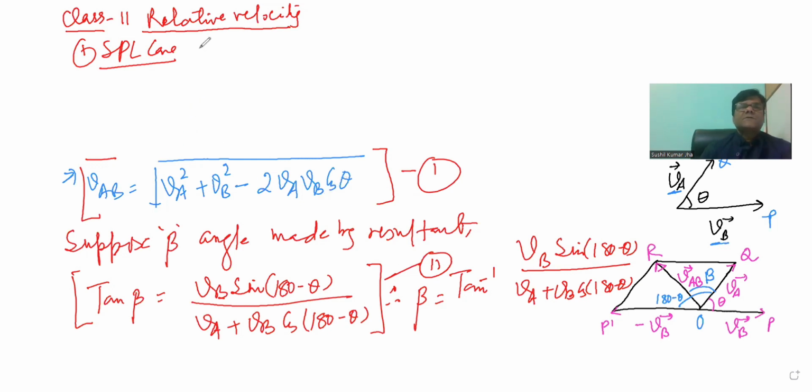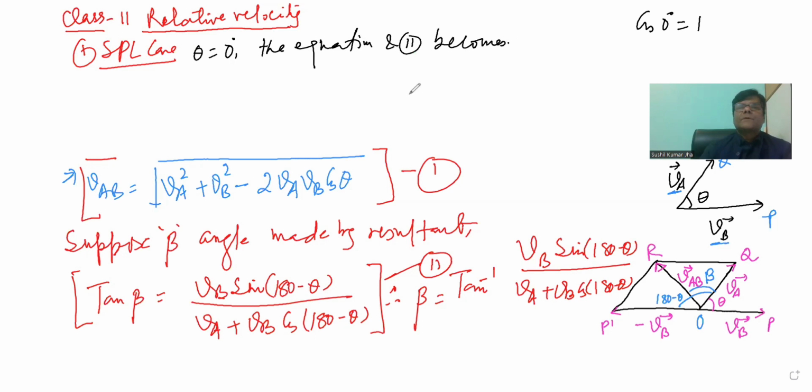In equation 1 and 2, let's say theta is 0 degree. And since you know sine 0 is 0 and cos 0 is 1, equation 1 and 2 become, so we merely put the value of cos theta and thus we write.